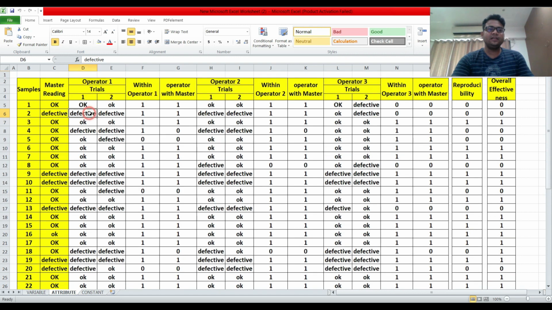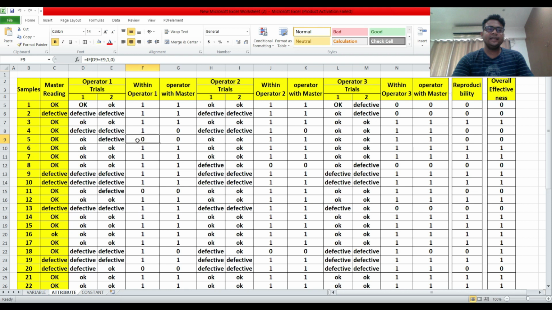Here in the first trial he told that the second sample is defective, in the second trial he told that the second sample is also defective, then here is 1 because he is agreeing with his own result. Like here you will see that in the fifth sample he is saying in the first trial the product is okay, but in the second trial he is saying that the product is not okay, it means that he is not agreeing with his own result.